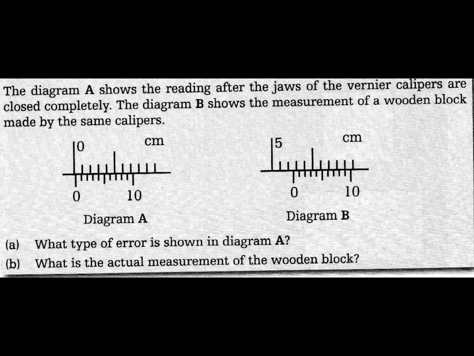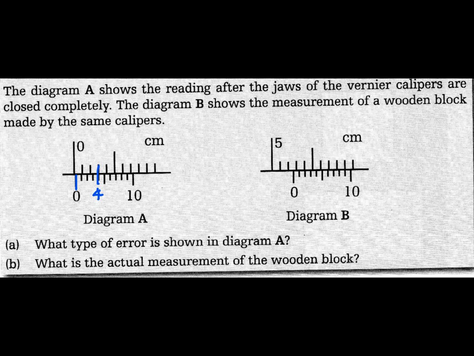In this case, we have a zero error, and it is a positive zero error because the vernier 0 lies to the right side of the main 0. So there is already some reading right from the start. Now, what is the zero error? We need to find the marking that's aligned with each other, and that marking is this, which is marking number 4.